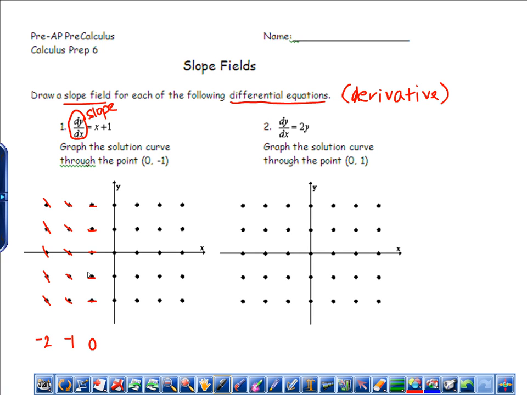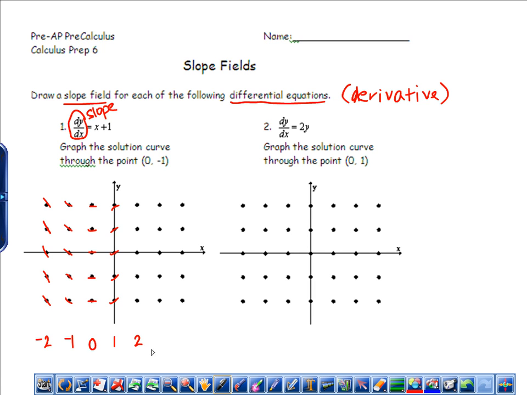And you're going to find there's some symmetry happening. In this column we have an x value of 0, and 0 plus 1 is 1. So this time we're going to draw a positive slope of 1. You can kind of see where the symmetry is happening, along this line right here.